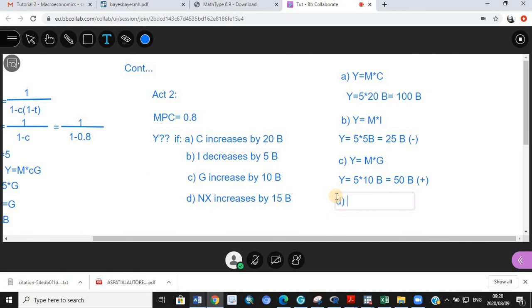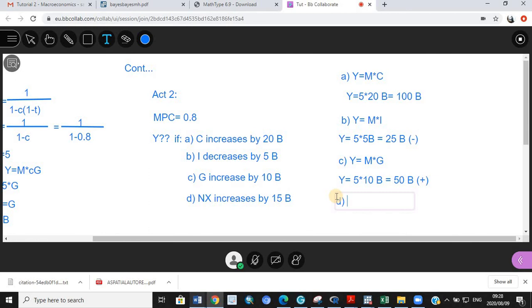D, net export. Net export is X minus M, in other words, the trade balance. So what happens if it increases by 15 billion? The multiplier is the same. Why am I saying it is the same? Since we don't have the function of import, whereby we would have the marginal propensity to import and the multiplier would change to 1 over 1 minus c, 1 minus t plus m. Also, if it is not a given value, all the multipliers are going to drop to the first multiplier.